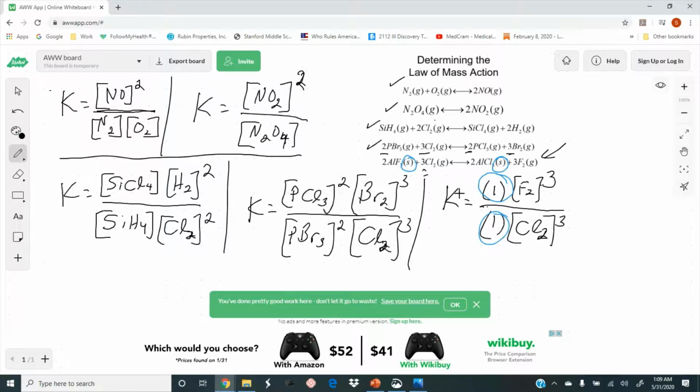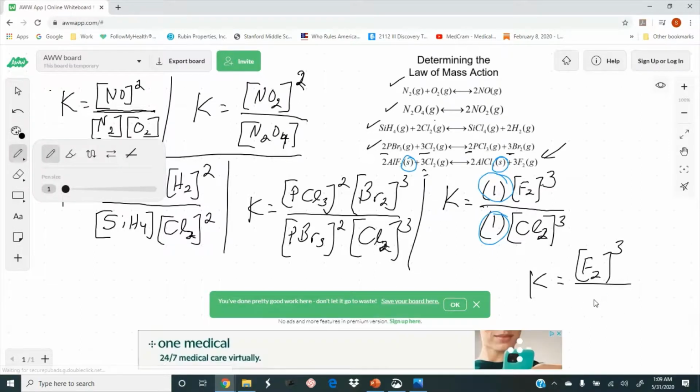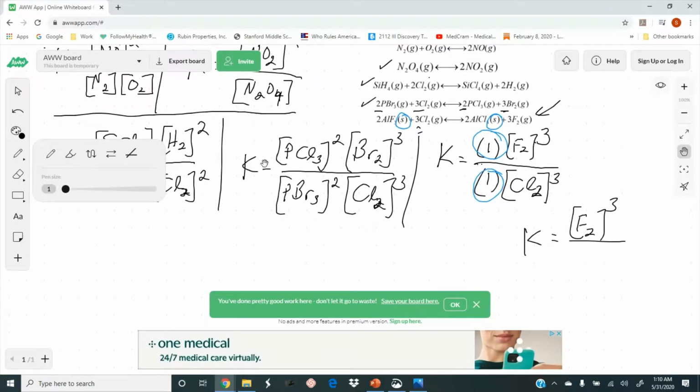If I were to rewrite this out, basically it's K equals the concentration of F2 to the 3rd power, divided by the concentration of... what happened there? I'm having a hard time writing down here. Let me move this up here because apparently the program's not letting me write there.